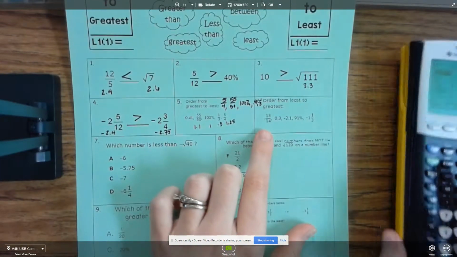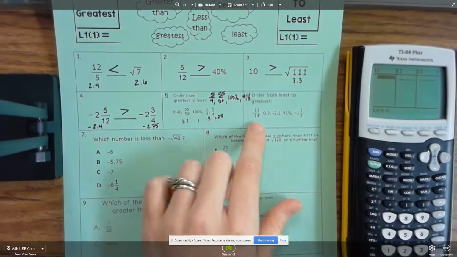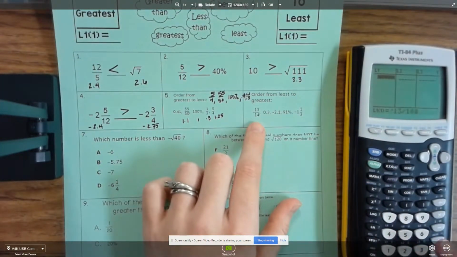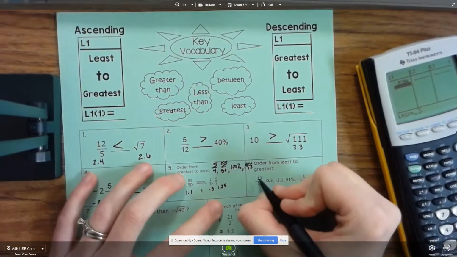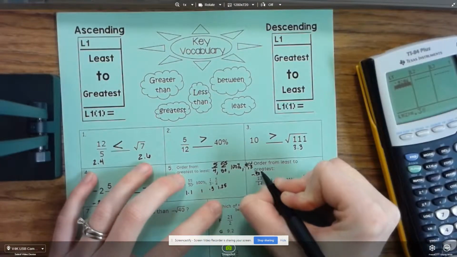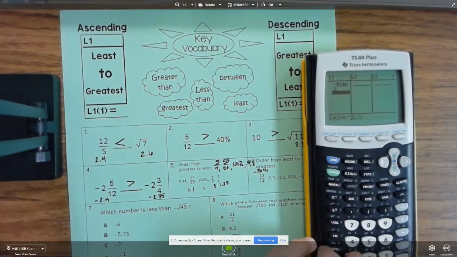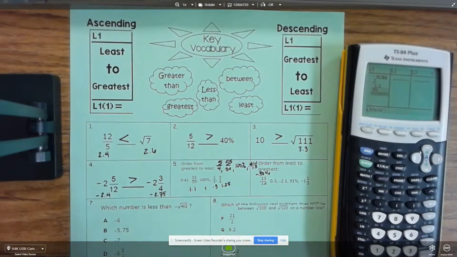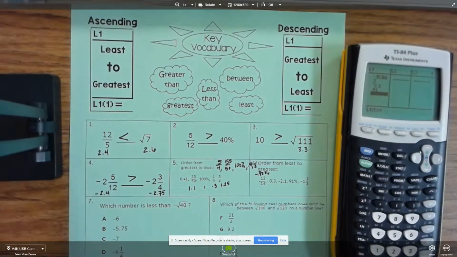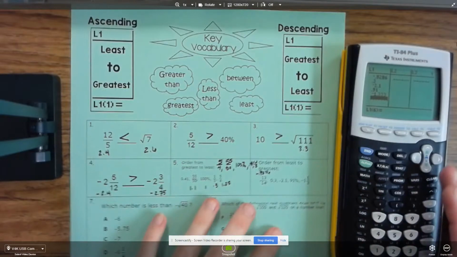All right, these ones say order from least to greatest. So back in our list, we've got -13 divided by 14, which is -0.9286, and then we've got 0.3, negative 2.1, 91%, so 91 over 100. Again, mine does not like to do these right. I did it right that time.